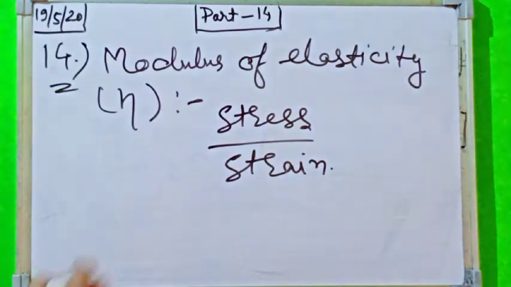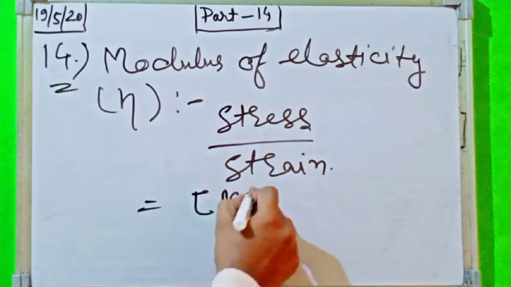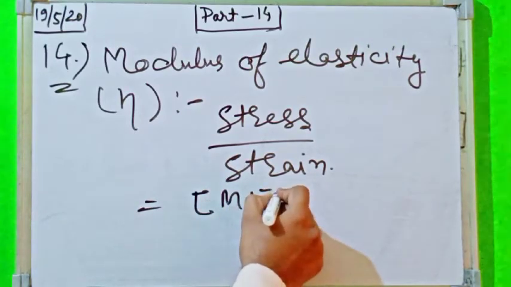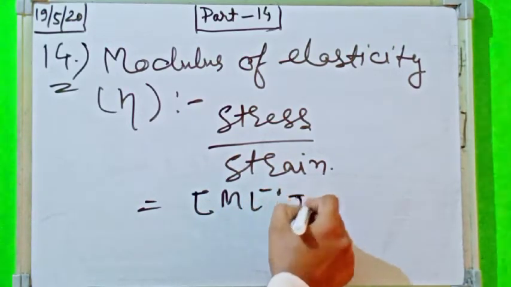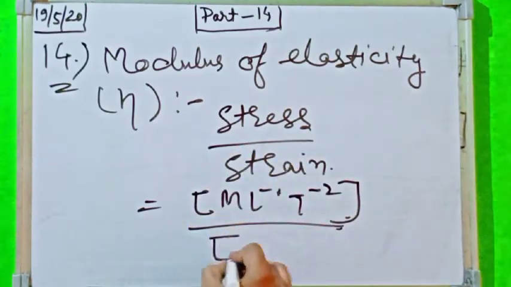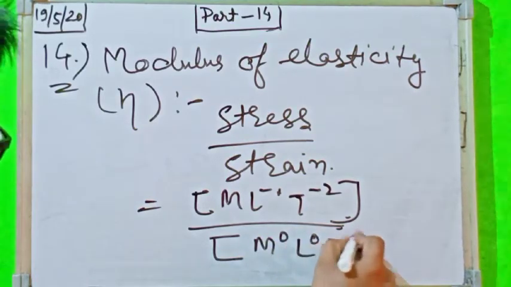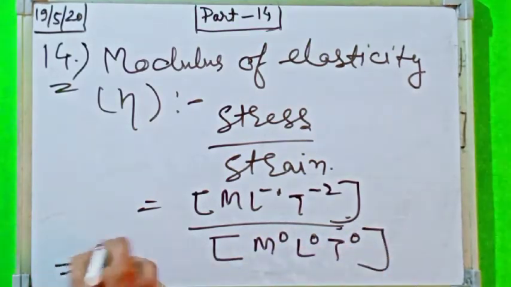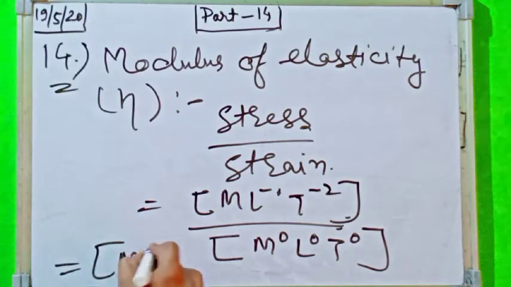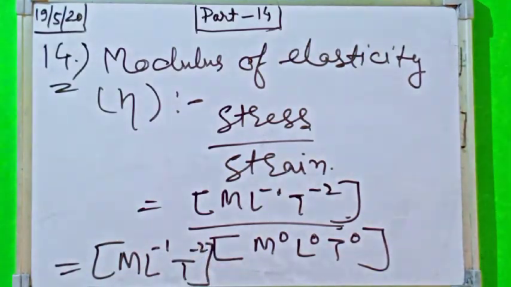Since stress has its dimensional formula M L^-1 T^-2, and strain is dimensionless, having M0 L0 T0, it also has the dimensional formula M L^-1 T^-2, which is similar to the stress.